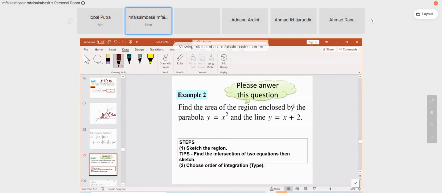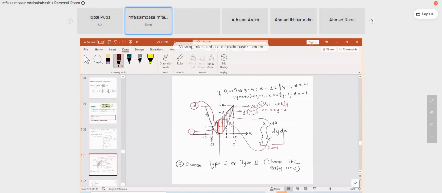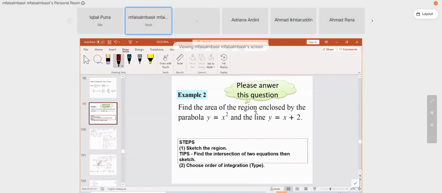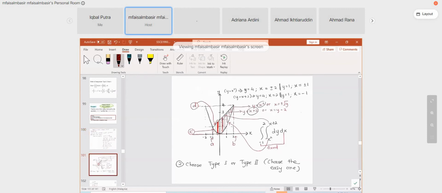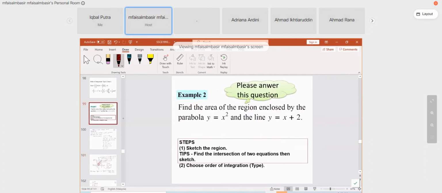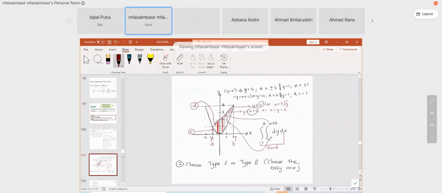Find the area enclosed by y squared and the line y equals x plus 2. If you sketch this, you'll get this. This is a somewhat tricky question. The region is enclosed by the parabola and the line. When you use the parabola, you will get this, right?